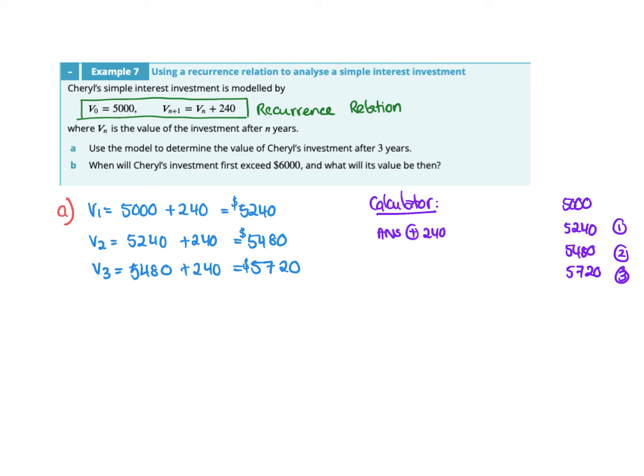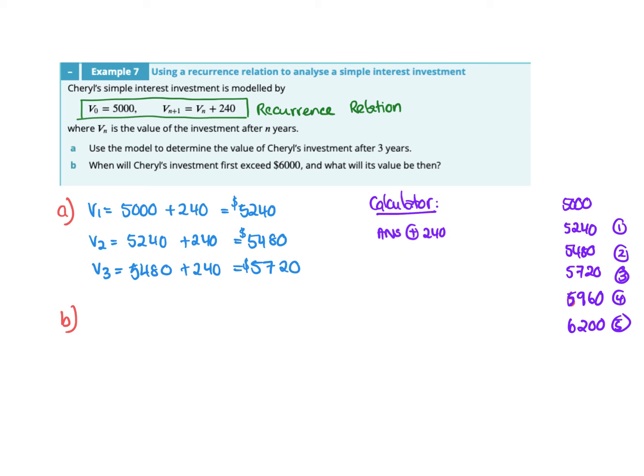Then question B: when will Cheryl's investment first exceed 6,000? What we probably want to do is just keep clicking enter on our calculator until we get to 6,000. So if we kept going, you're going to see 5,960, and then finally we crack the 6,000. So this was 4, 5.